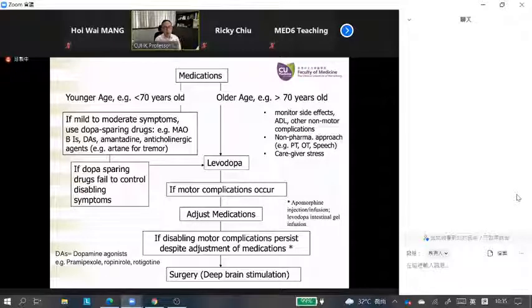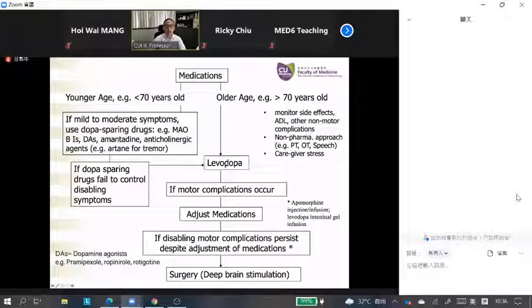There is some speech therapy which may increase your phonation in Parkinson's disease. I will also chat with the caregiver about any stress, as they live with and care for a patient with Parkinson's disease. So these are things that I would do in the clinic.